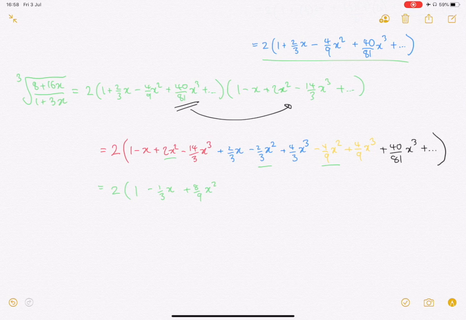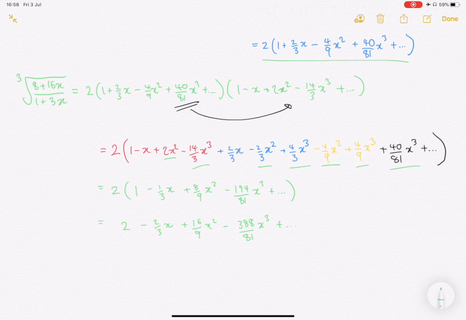And if we take the x cubed terms, you end up getting negative 194 over 81 x cubed. And then higher order terms. And expanding this out, we get 2 minus 2/3 of x plus 16 over 9 x squared minus 388 over 81 x cubed plus the higher order terms.